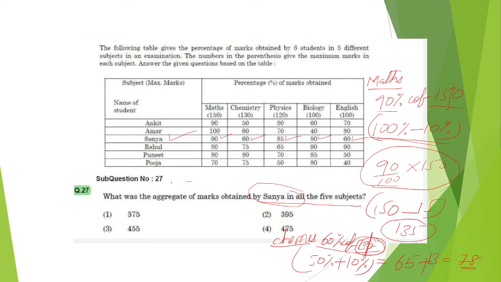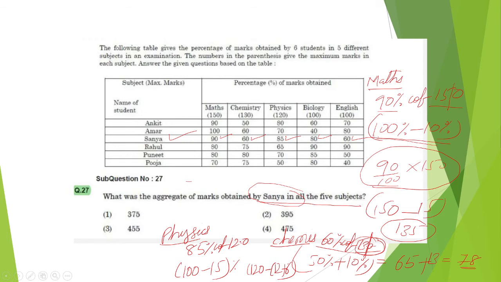Next, Sanya in physics. How much marks did she get in physics? Physics 85 percentage. She got 85 percentage of 120. How can we calculate? 100 percentage minus 15 percentage. Okay, 100 percentage is 120. 10 percentage is 12. 5 percentage is half of 10 percentage, 6.